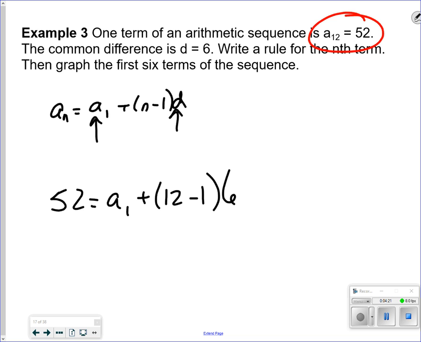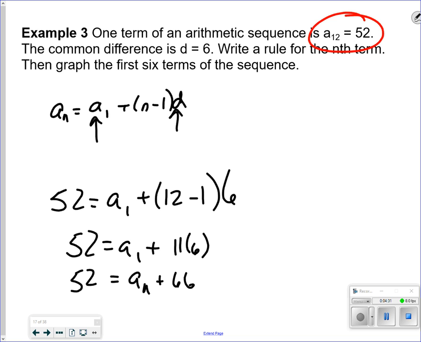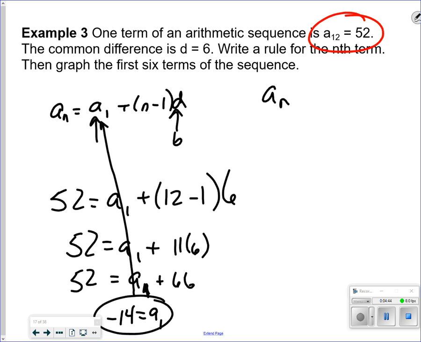Well, I can actually calculate what a sub 1 would be for this particular situation. So a sub 1 is -14. Now that I know a sub 1, and I already knew what d was, I can write my rule.